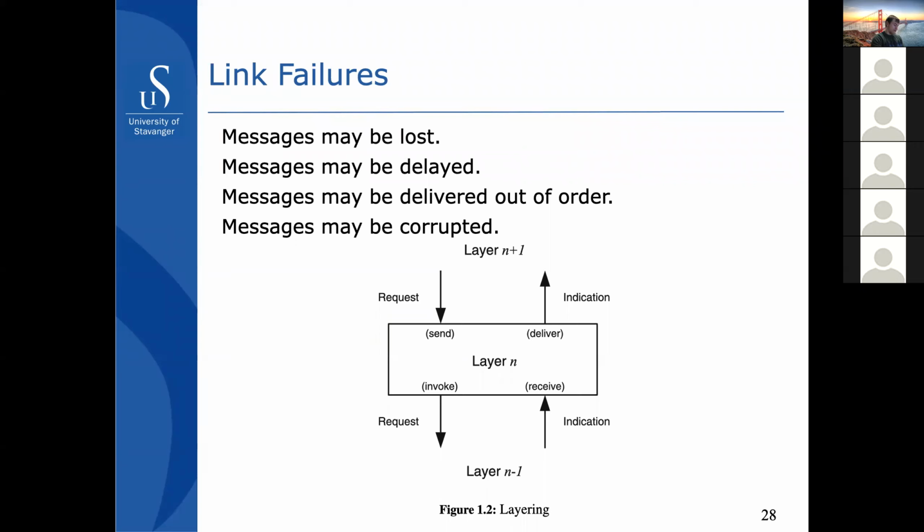Now we'll talk about some abstractions, and we will compose them together to get higher level abstractions. You need to keep in mind the layering model that you see here, which we talked about previously, but we will use it when we describe the different abstractions, the different layers.